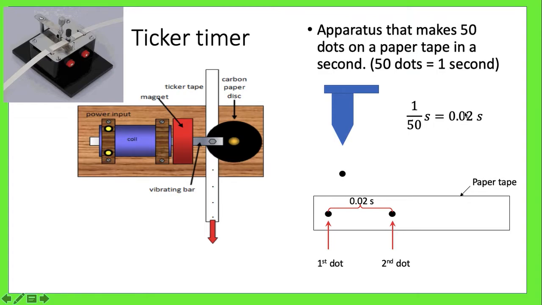Then you will get 0.02 seconds, which means every 0.02 second, the ticker timer will make 1 dot. Regardless of the distance between two consecutive dots, the time taken between the two dots is fixed, which is 0.02 second.